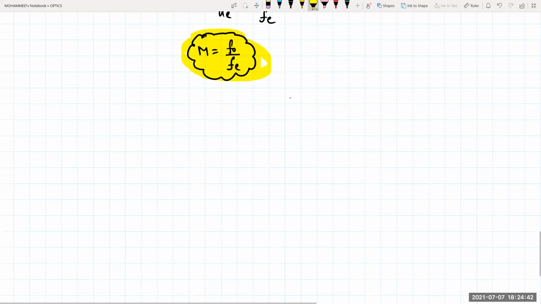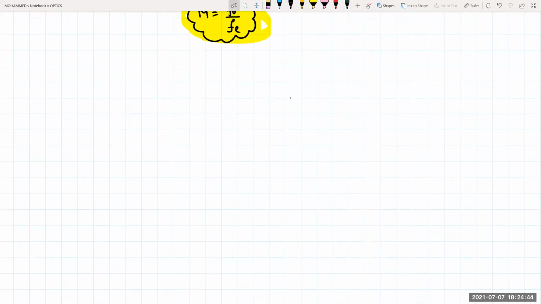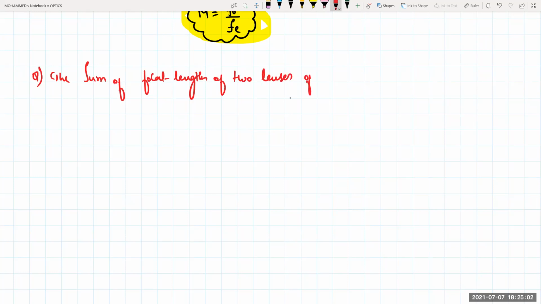Let me give you one small question related to this one. The sum of focal lengths of two lenses of a refracting telescope is 105 centimeter.